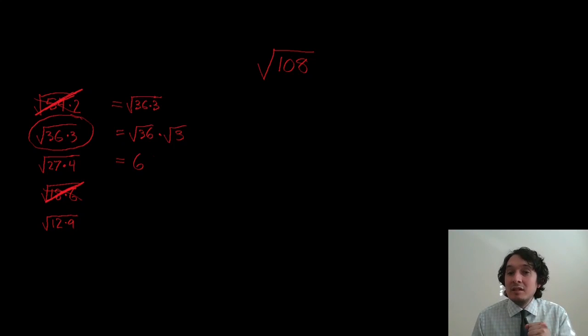And then once you can't simplify something, you just leave it. So I'm just going to leave that as the square root of 3. And so the square root of 108, a mathematician would say that is 6 times the square root of 3. Or, if you want to speak the way a mathematician speaks, they would say that it is 6 root 3. And that's our answer.